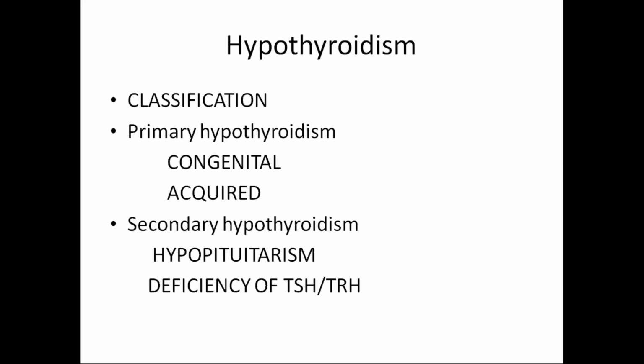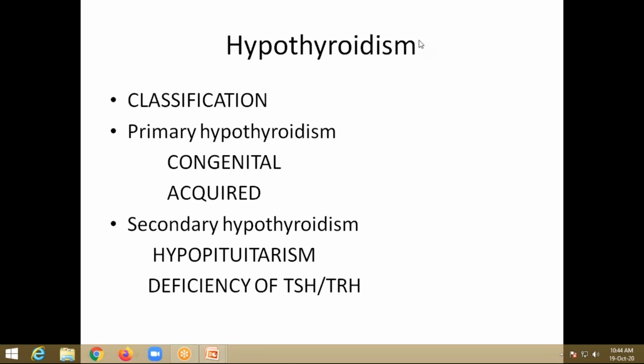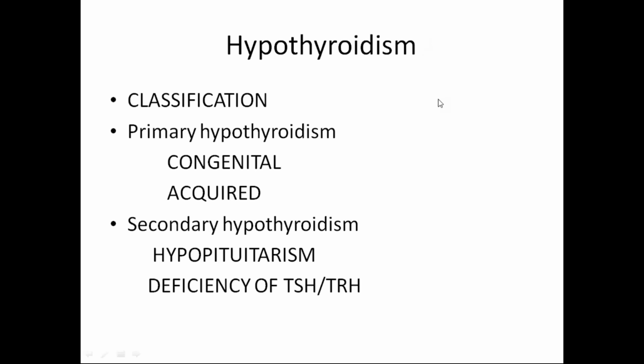In tertiary hypothyroidism, it is the hypothalamus which doesn't produce thyrotropin releasing hormone, TRH. Okay, I think you are with me, right? This is the classification and how it goes.